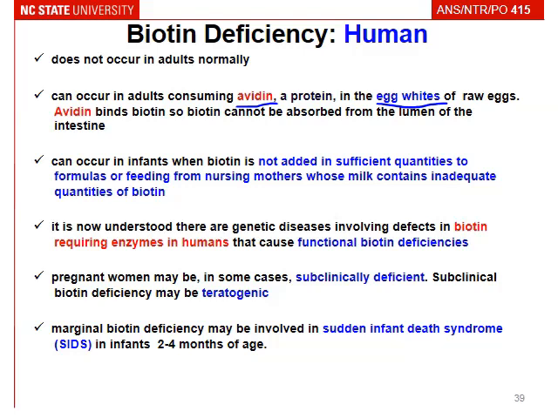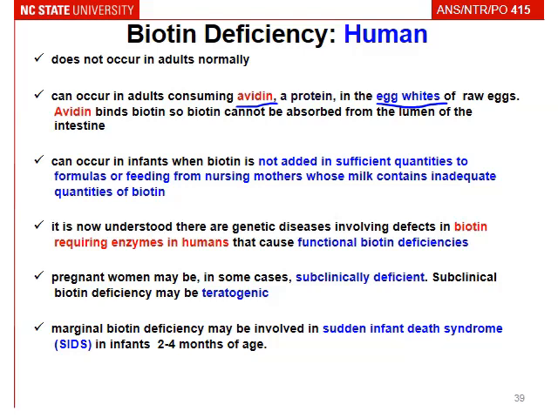And we've also discovered a lot of inborn errors, genetic diseases that affect biotin-requiring enzymes, which results in a functional biotin deficiency. And once it's discovered that an individual has those, then usually those individuals have to take higher amounts of biotin. They just have a higher requirement because they're unable to absorb it efficiently.